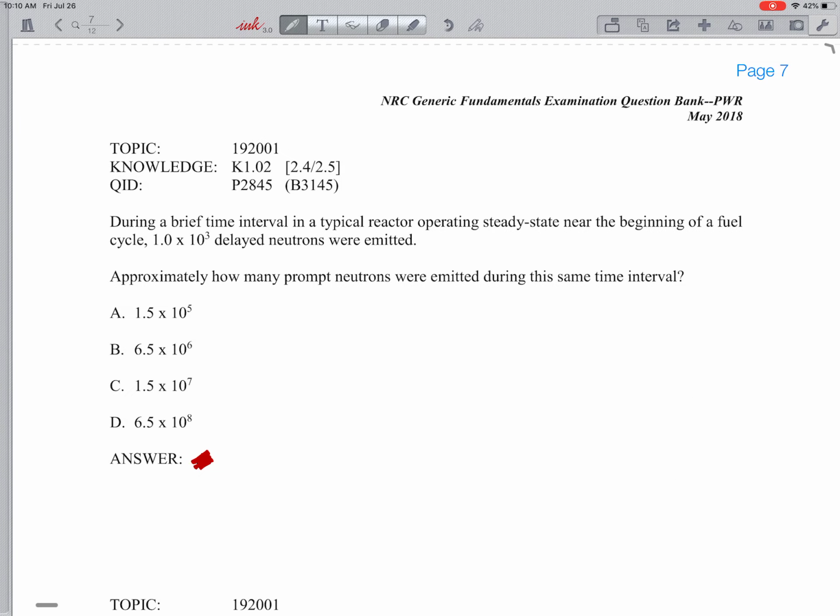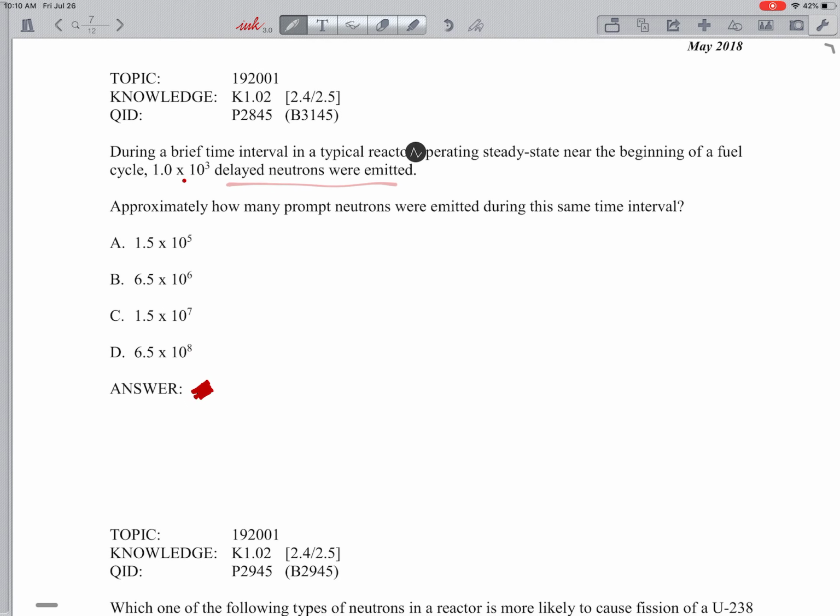So next question. During a brief time interval in a typical reactor operating at steady state near the beginning of a fuel cycle, 1,000 delayed neutrons, 1 times 10 to the 3, were emitted. Approximately how many prompt neutrons were emitted? All right, so 6.4 delayed neutrons per 1,000 total neutrons.